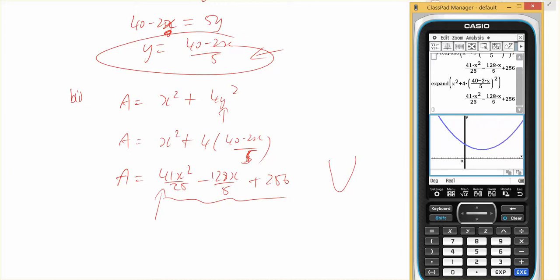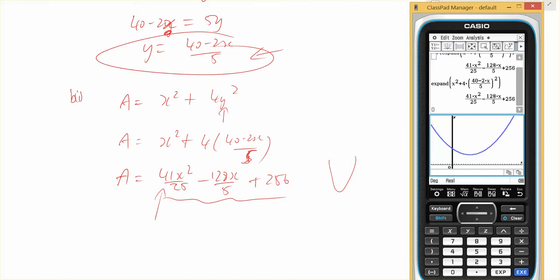Now, if you run into problems, a troubleshooting method to get the graph window right is to press Zoom Auto, because Zoom Auto generally gives you the point you want on the graph, because it knows where the minimum or maximum is.